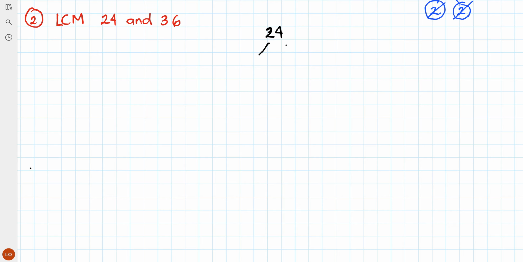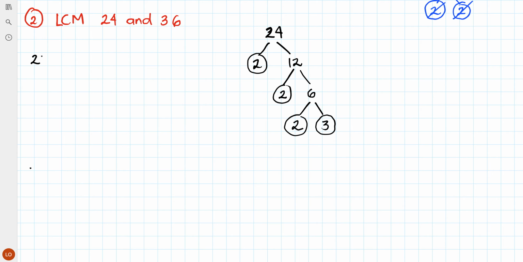Okay, so 24, I'm going to start with 2 and 12, and 12 is 2 and 6, and 6 is 2 and 3. Wonderful. So 24 is going to be equal to 2 to the power of 3, 1, 2, 3, times 3.